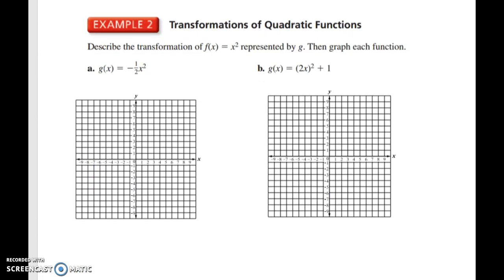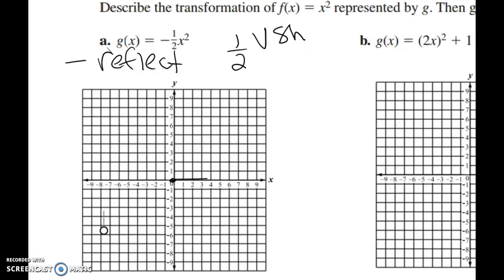So in example 2, describe the transformation. The negative on the outside is going to reflect, and the 1/2 is multiplied outside the function. It's not inside parentheses, so that's going to be a vertical shrink because it's smaller than 1. So our normal parent function will go through (0, 0), (1, 1), and (-1, 1).